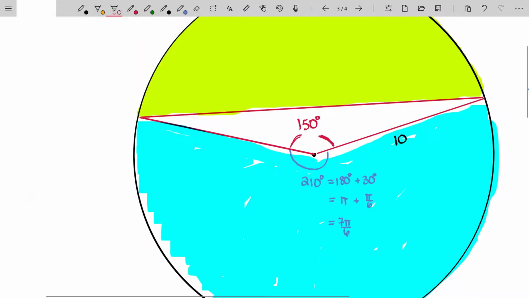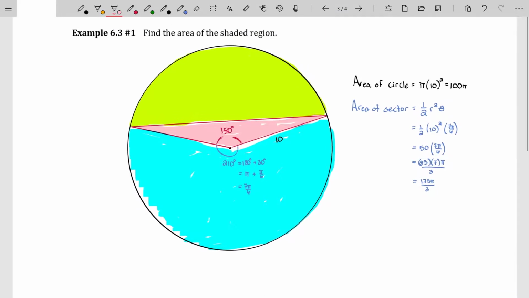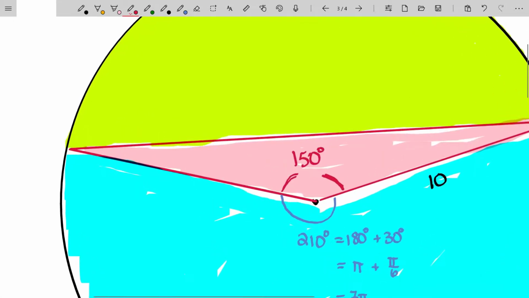And we have just learned how to find the area of a triangle. So let's compute the actual area of that triangle. All I really need are two sides and the angle between them. And luckily, I have two sides.